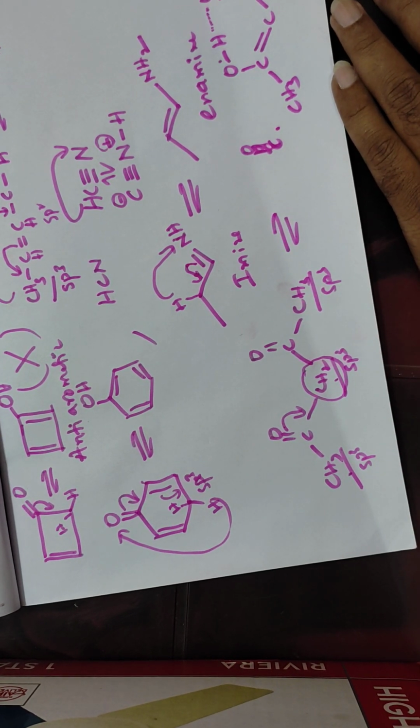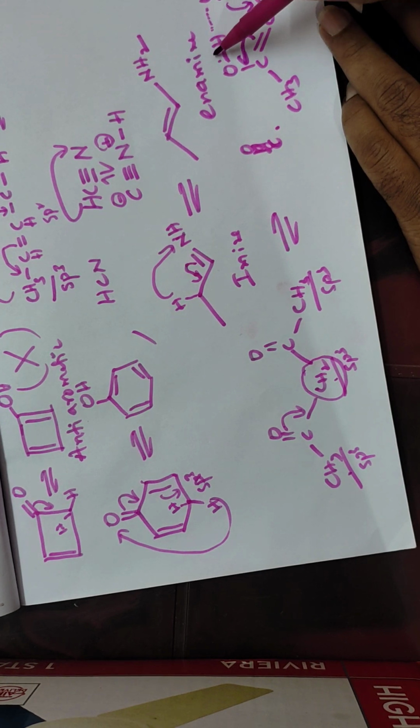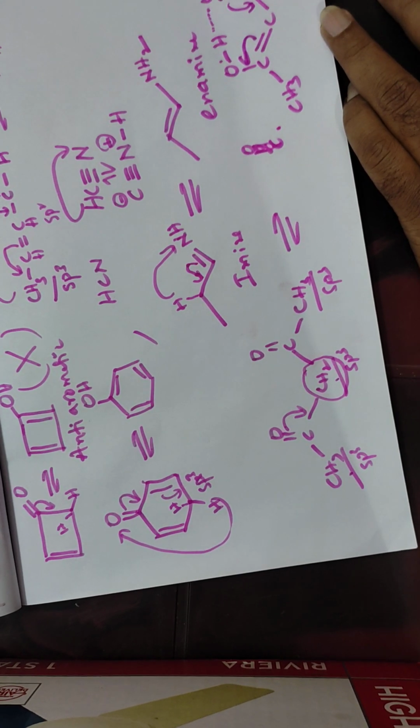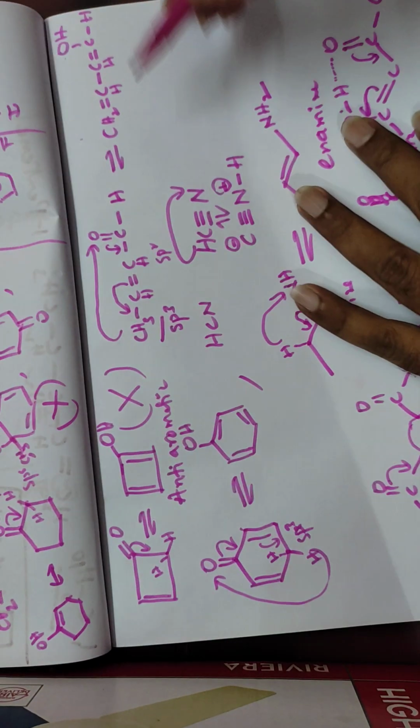And also a resonance structure will be formed here. That means delocalization of the pi electrons will also occur here. This double bond shifts to here, this double bond shifts to here, this proton transfers to here. I am writing that structure here, you see.